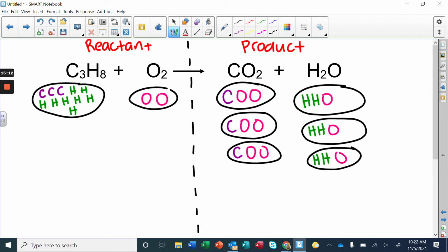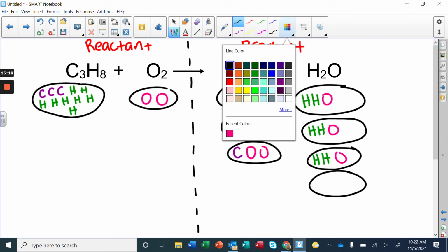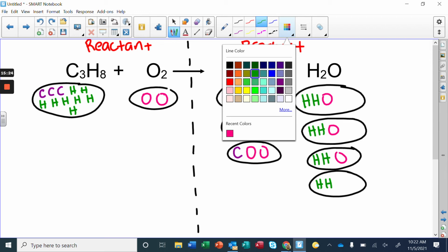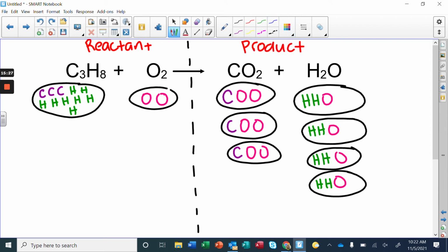But again, we want 8. So we have to add another bubble. Count your hydrogens up. You should have 8 on the reactant side and 1, 2, 3, 4, 5, 6, 7, 8 on the product side. So they're good.